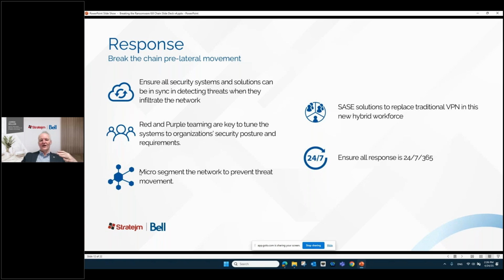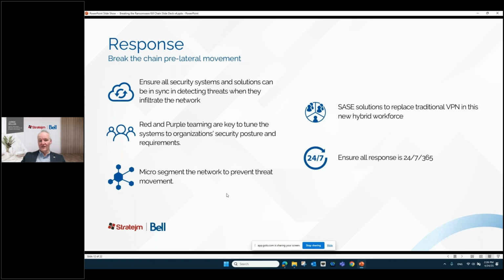So we are looking at modern day SASE solutions, getting rid of traditional VPN, because we're aware the hybrid workforce isn't going away. We need those solutions to protect the remote user, but also protect the company from remote infiltration.